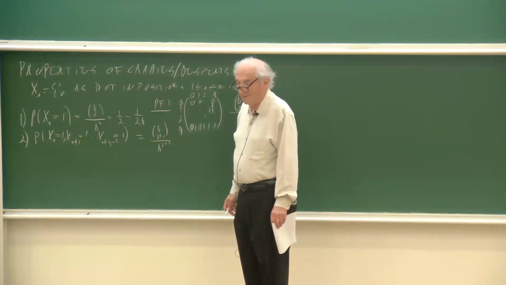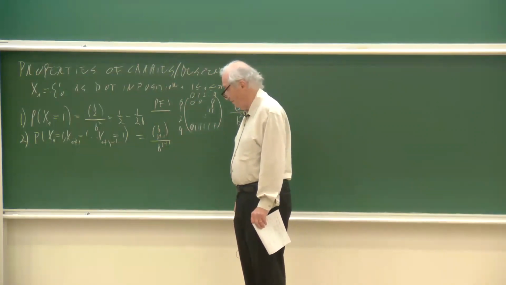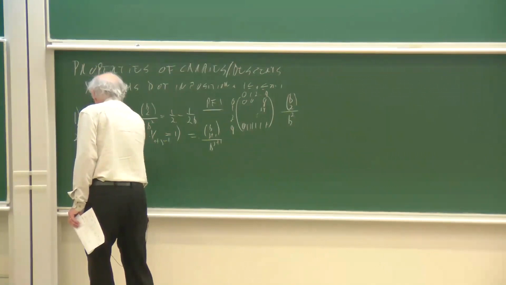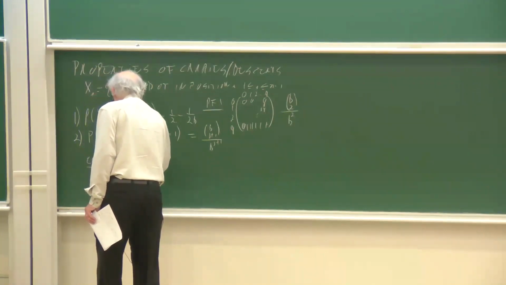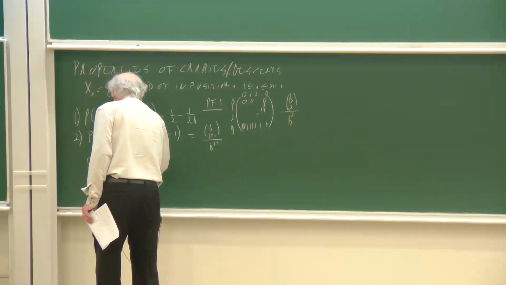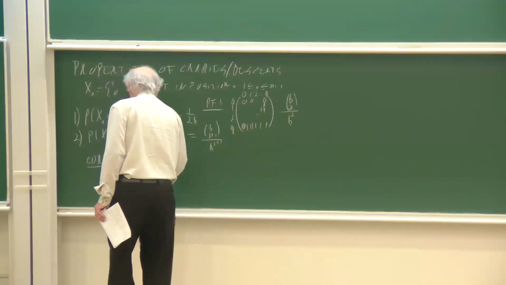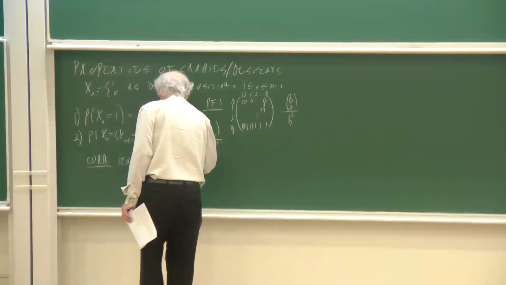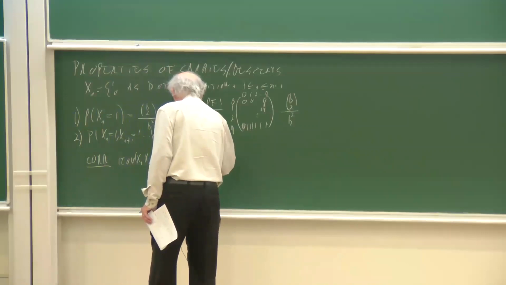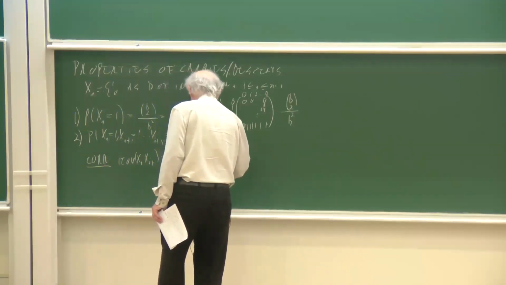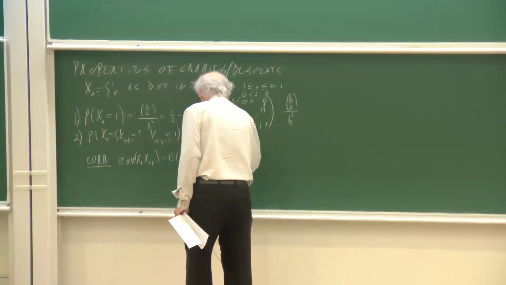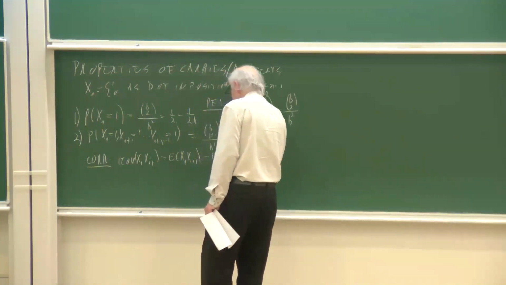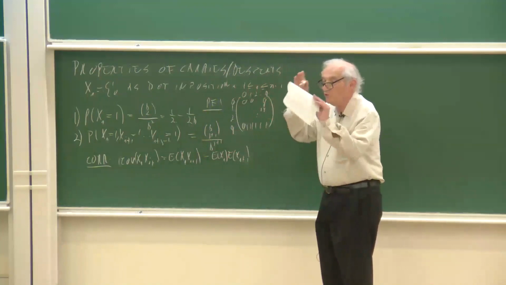That's maybe not obvious at first sight, but also, corollary, the covariance of x_i and x_{i+1} is equal to the chance that x_i and x_{i+1} are both 1, minus the expected value of x_i times the expected value of x_{i+1}. So that's the correlation between two consecutive digits.